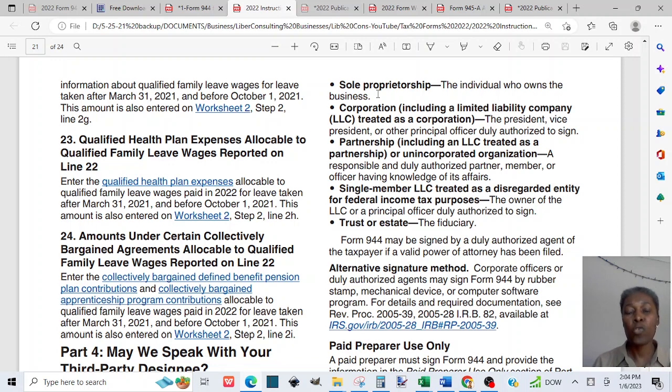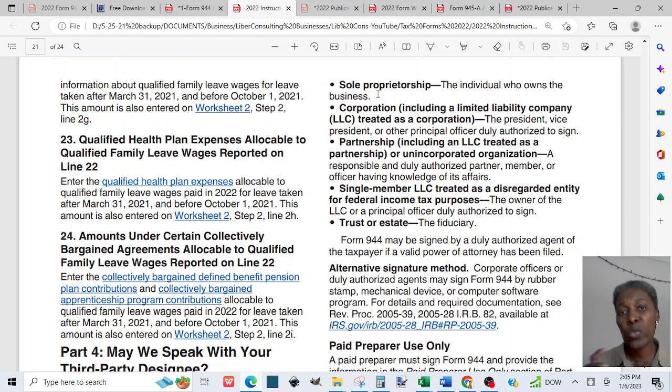If you are an LLC taxed as a partnership, or an organization that is incorporated, it will be the members that have good knowledge of your business, pretty much the members that work in your business and know it well.